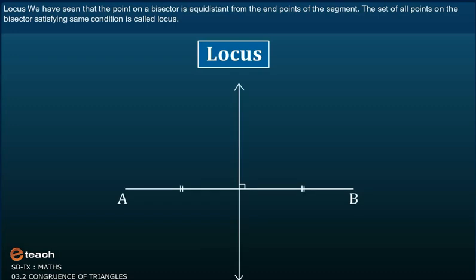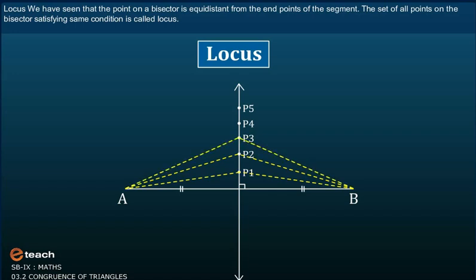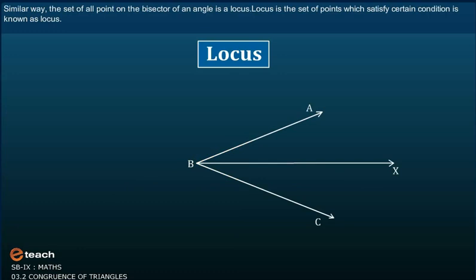Locus. We have seen that the point on the bisector is equidistant from the endpoints of the segment. The set of all points on the bisector satisfying the same condition is called locus. Similarly, the set of all points on the bisector of an angle is a locus.